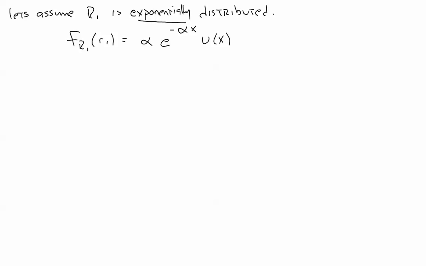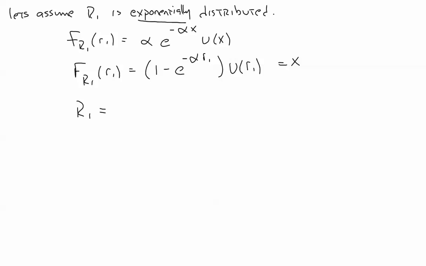We have in the past discovered that the cumulative distribution function for an exponential random variable looks like this: 1 minus e to the minus alpha r1, with a step function in there. We have to invert this, and I'm going to set that equal to x in order to invert it. And this is my transformation function.